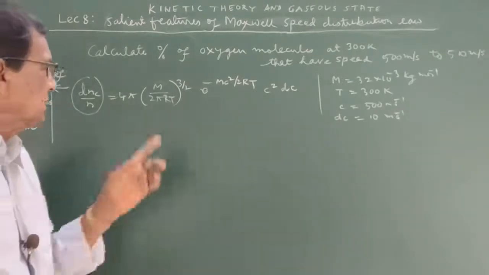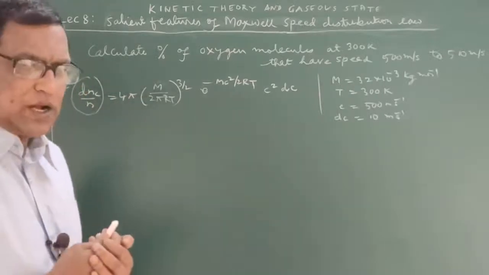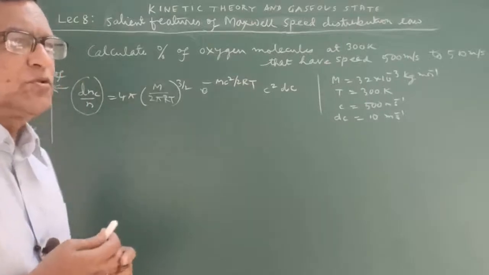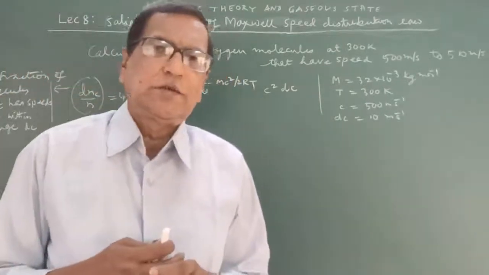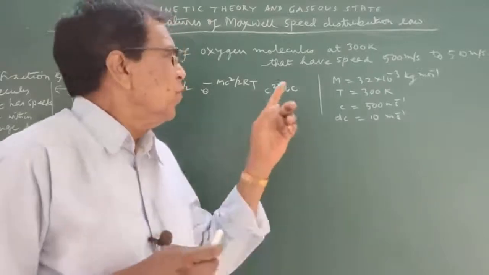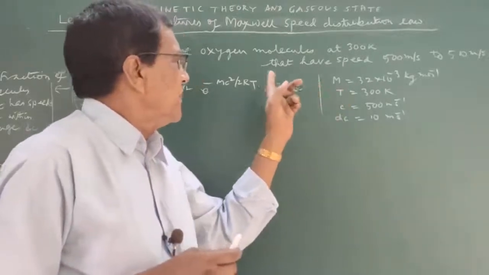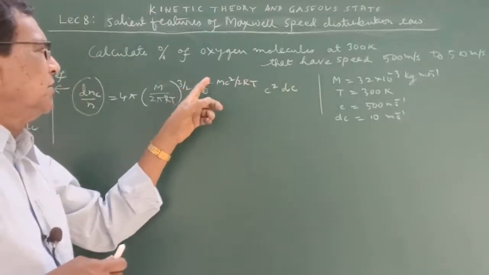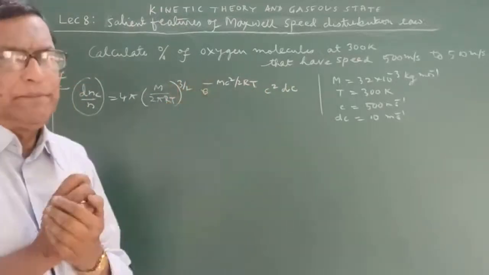You see, this also I can say is the probability of a molecule to have the speed c to c plus dc at a temperature T, and the gas is having the molar mass M.